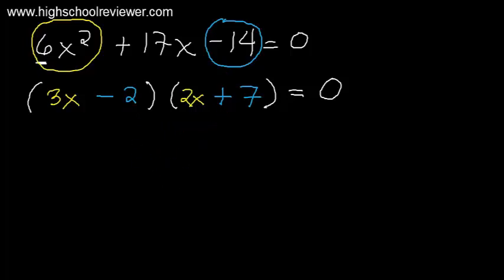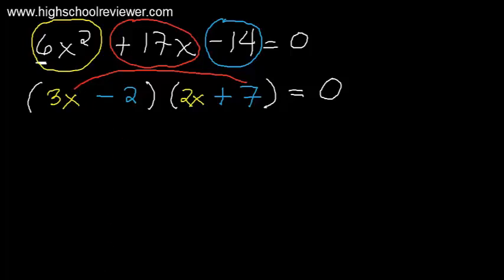But let us check if we can arrive with the sum of positive 17x. To find the sum, we will get the product of the outside and the inside terms.